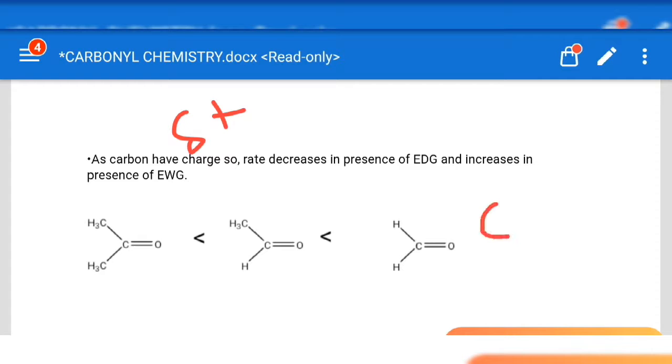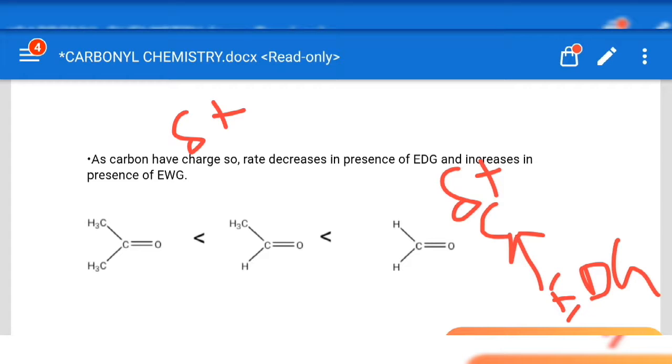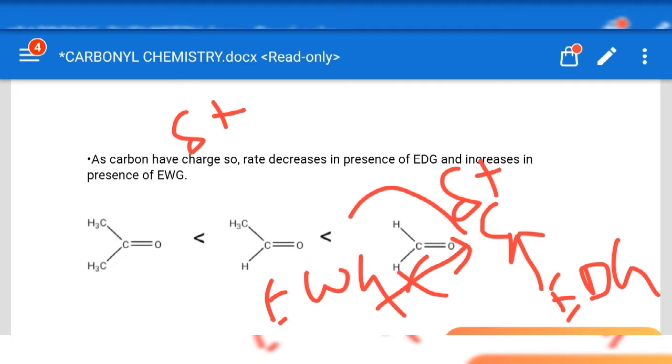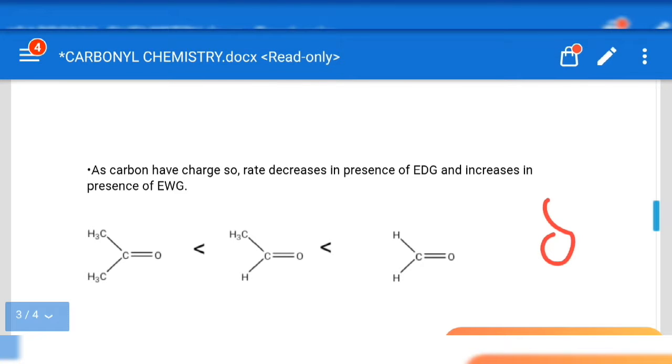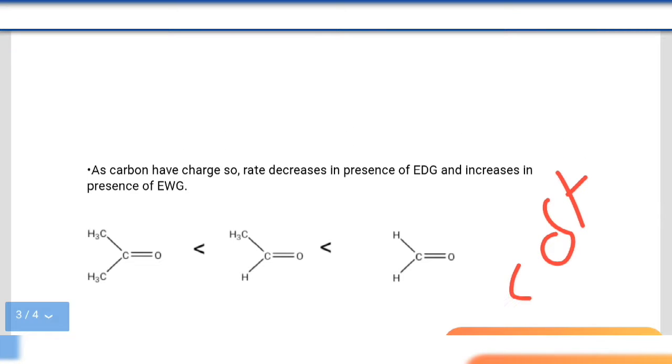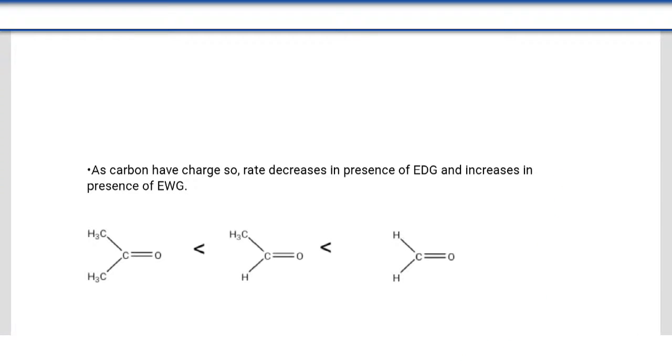Meaning, that delta positive charge will be stabilized by a group which donates electrons to carbon, and it will be destabilized by a group which withdraws electrons from carbon. So the delta positive charge on carbon will be stabilized by an electron donating group and destabilized by an electron withdrawing group.